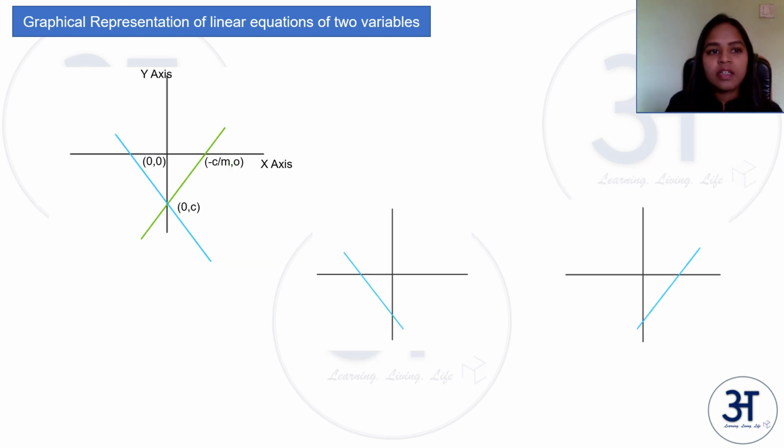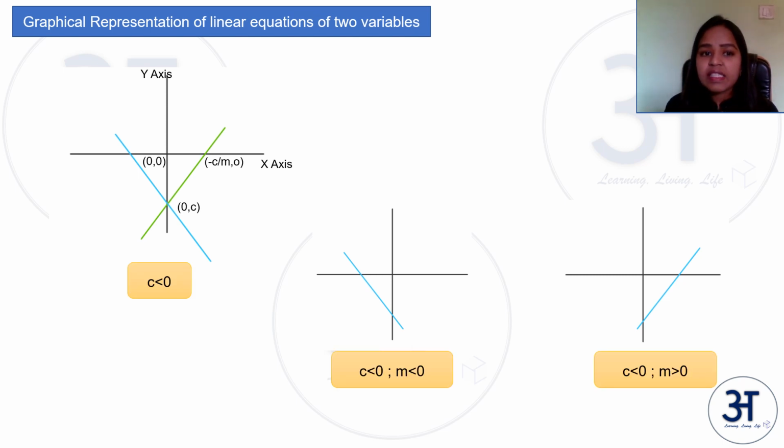Now let us look at the case where c is less than 0. If c is less than 0 and m is also less than 0, c by m will be positive and minus c by m will be negative. So again the line touches the x-axis on the left side.